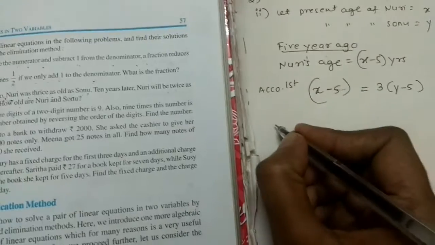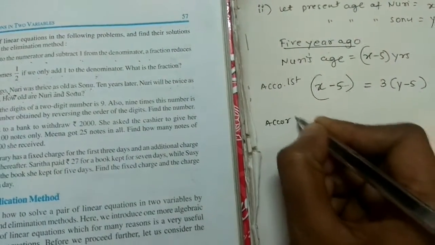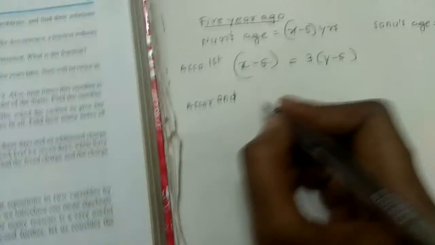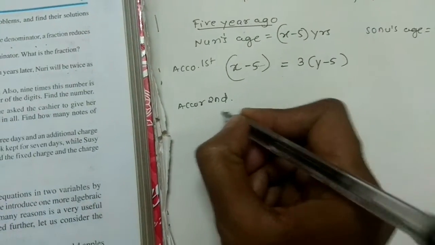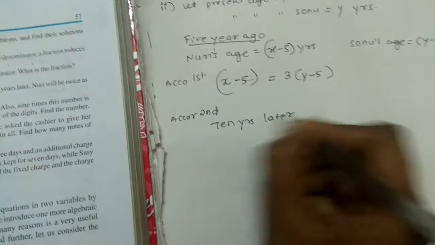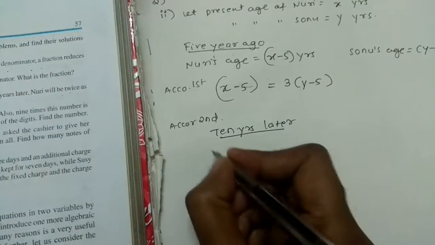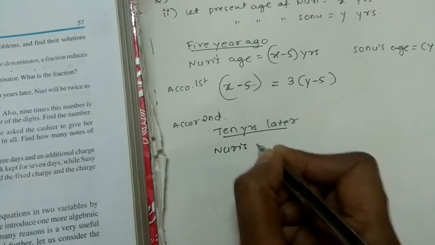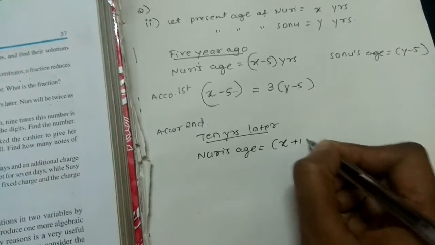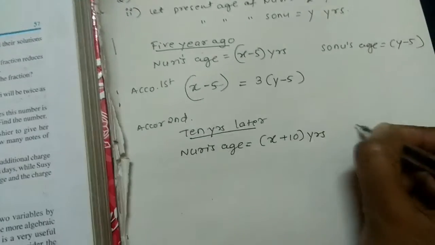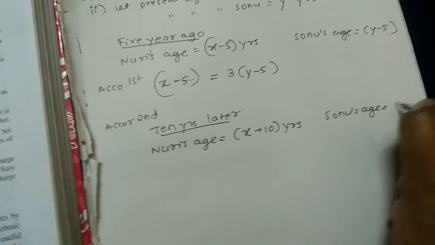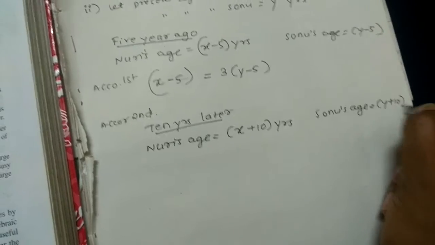Next, according to the second condition, that is 10 years later. So we have to consider 10 years later from now. Nuri's age will be x, that is the present age, plus 10. Similarly Sonu's age will be y plus 10 years.